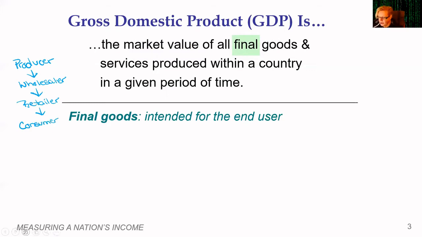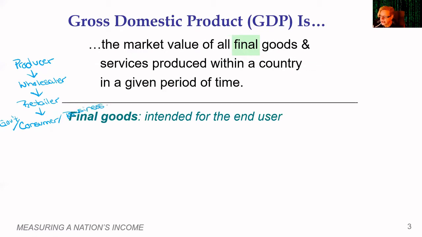In GDP, what essentially we're measuring is only the product down here, from the retailer to the end user, the consumer. It could also be retailer to government, so I want to put government here, or if it's a business, it could be that too.